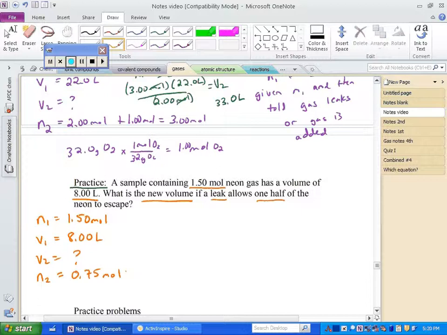Okay? Now, just think of some logic here. If you have half the gas, and volume and moles are directly related, you're going to have half the volume.